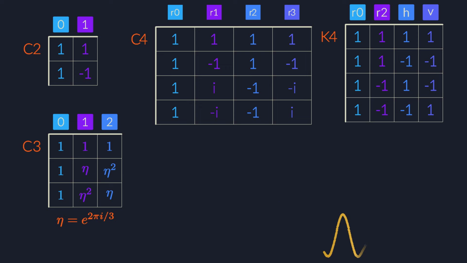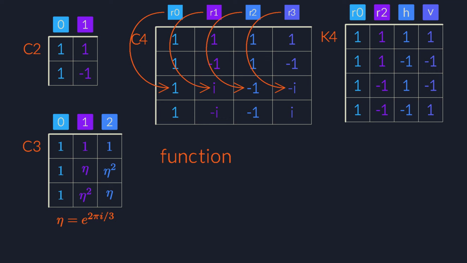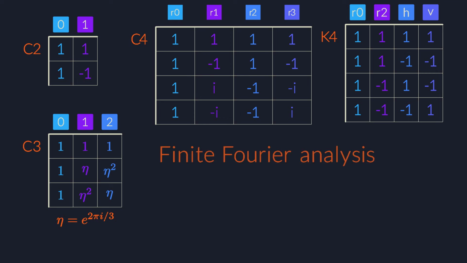Here we have a different kind of function. A character is a function that maps the elements of a group to a set of complex numbers. The fact that these functions are all orthogonal to each other implies that we could use them as a basis for other group-related functions. This leads to a new kind of Fourier analysis on finite groups.